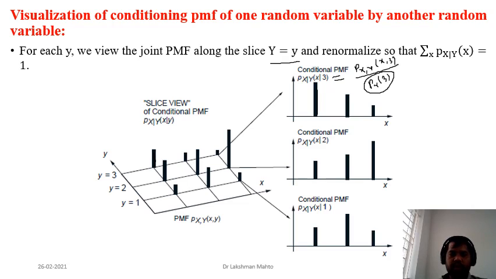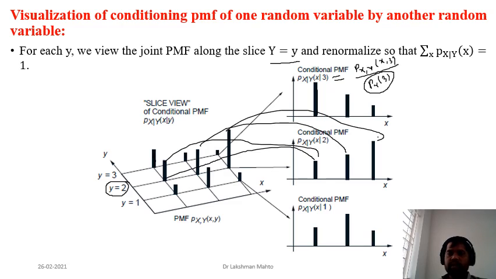In a similar fashion, if you take y equal to 2, fixing y, then this has been normalized to this, this to this, and this height to this. Similarly for y equal to 1, it has been normalized to this, and you can observe that the relative shape is not changing.